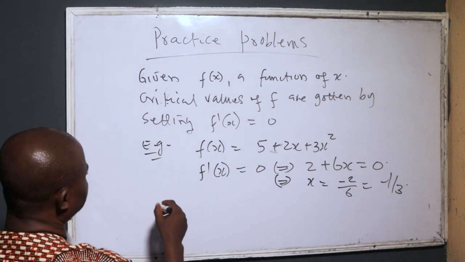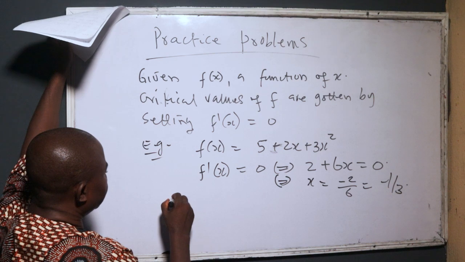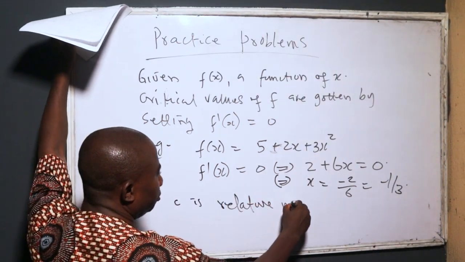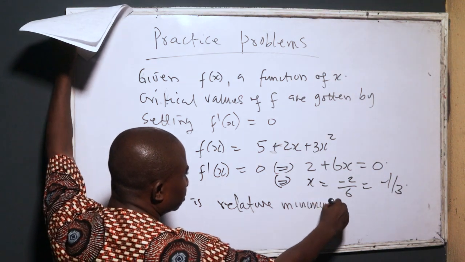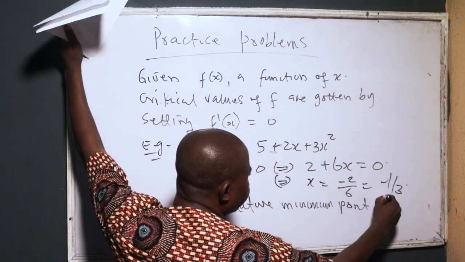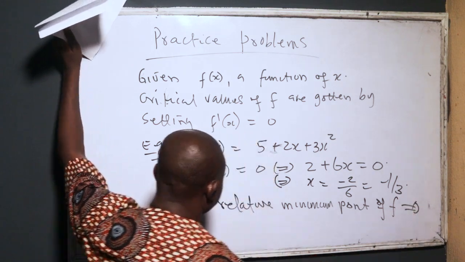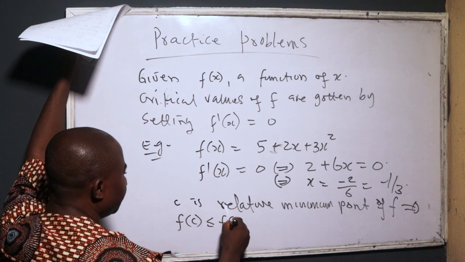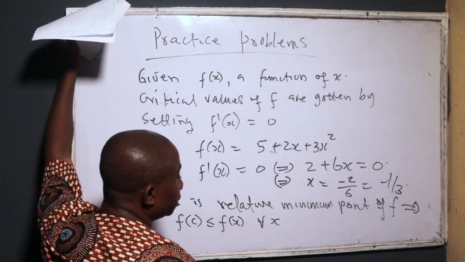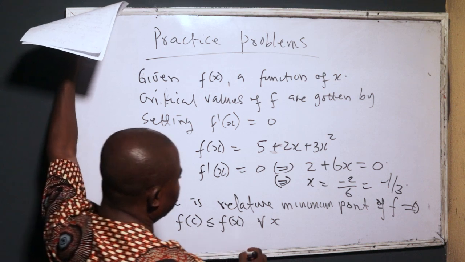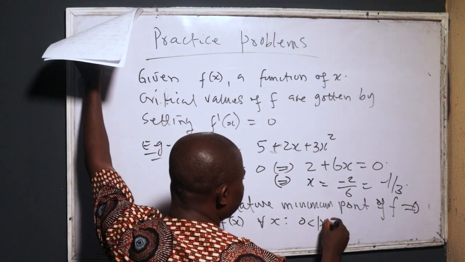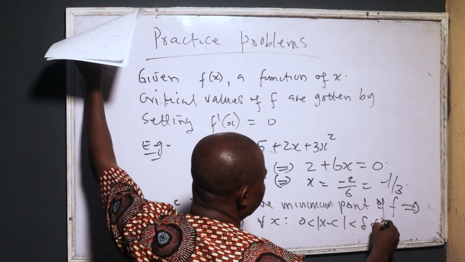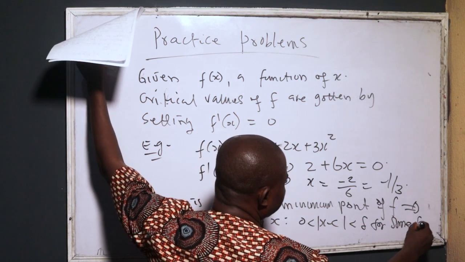First, recall that relative minimum means if I say that a point C is a relative minimum point of f, this means that f of C is less than or equal to f of x for any x in a given neighborhood of C. So for any x such that 0 is smaller than absolute value of x minus c, less than delta for some delta positive.